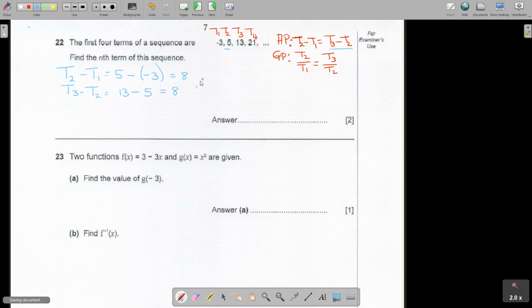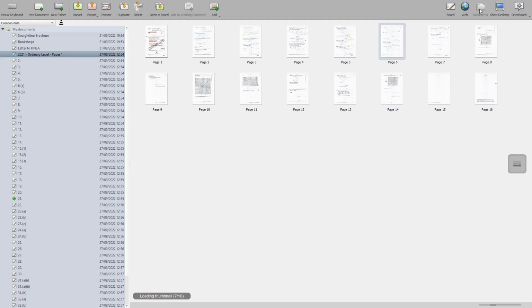Oh, excellent. So therefore, it's an AP. And just that value I'm getting every time, that is the value of d. So d is equal to 8. Okay. Now, don't forget your first term will be a. Now, can I just take you again to the textbook? I'm taking you to the textbook, question 22.